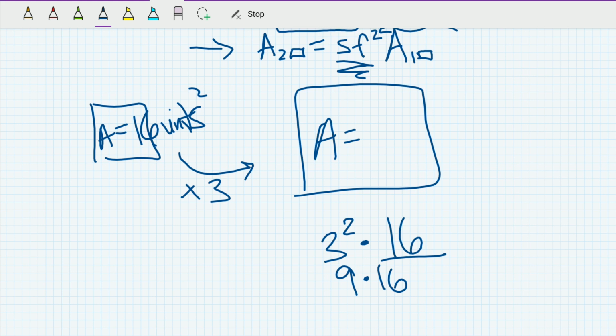So just know that this is super different than perimeter. For perimeter, you just multiply by the scale factor and that's it. For this one, you have to square it first and then do the multiplication. This just comes from the fact that area has a different equation than perimeter.